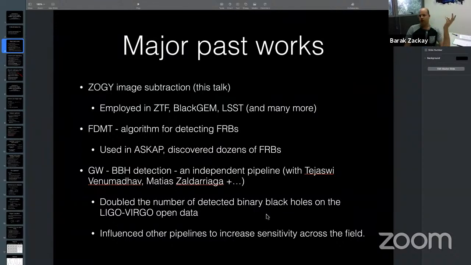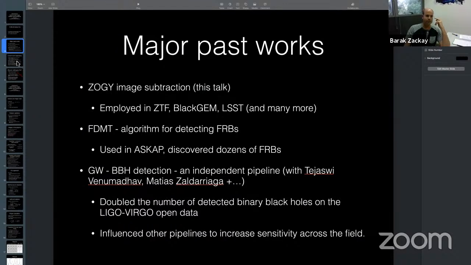And we were operating on the LIGO Virgo data accessible to everyone. And we also influenced the other pipelines to increase their sensitivity. For example, in O3, at least one of the pipelines added improvements that were inspired by our improvements. And as a result, they increased their sensitivity by more than 30%.